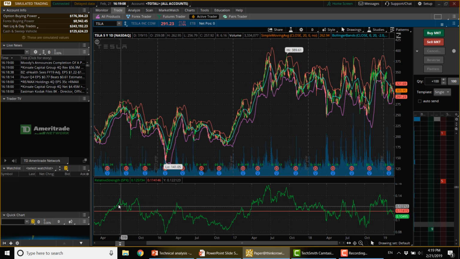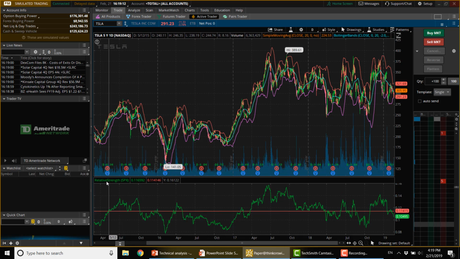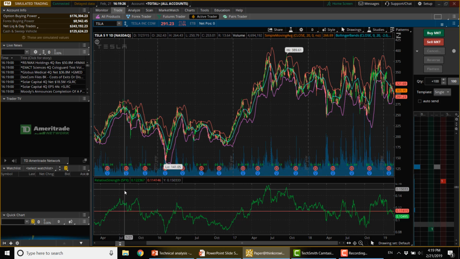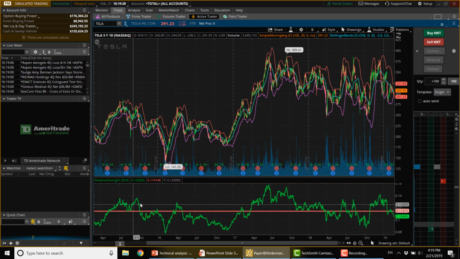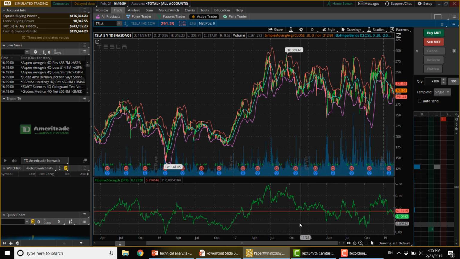This red line is kind of our baseline, and as you can see, relative strength parentheses SPX. This relative strength line is giving us the relative strength of Tesla's stock returns relative to the S&P 500 index. Anything above this red line would indicate that the returns of Tesla stock have been superior to those of the S&P 500, and anything below, vice versa.